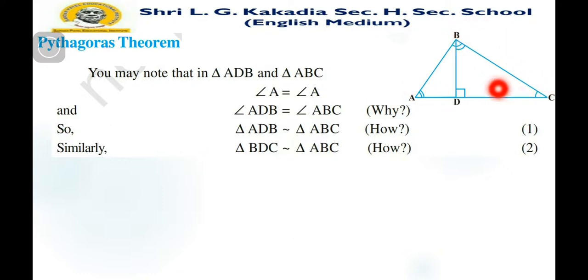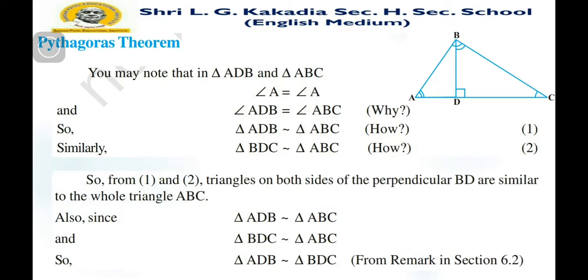So from equations 1 and 2, the triangles on both sides of the perpendicular BD are similar to the whole triangle ABC. You can see that the divided triangles ADB and BDC are similar to triangle ABC.